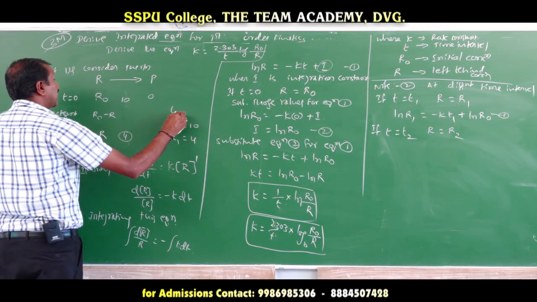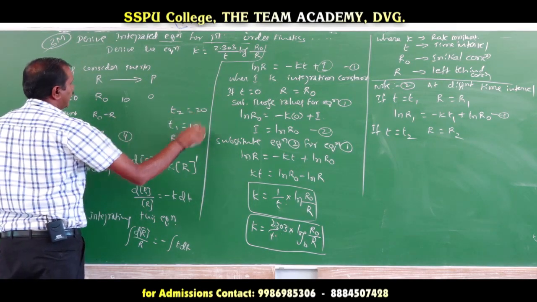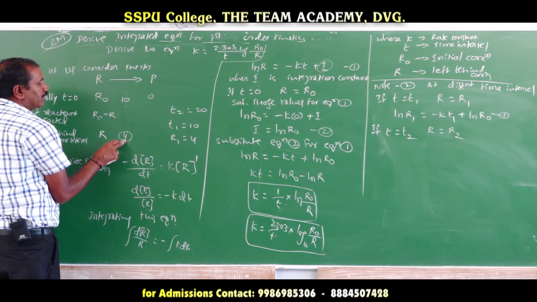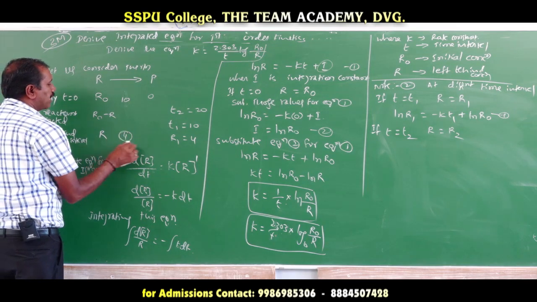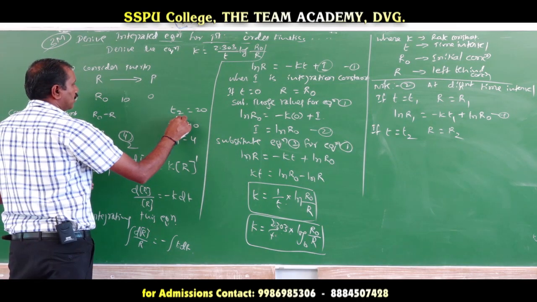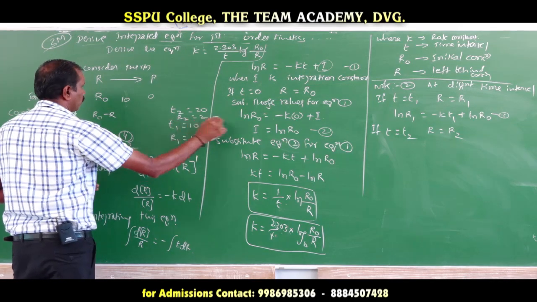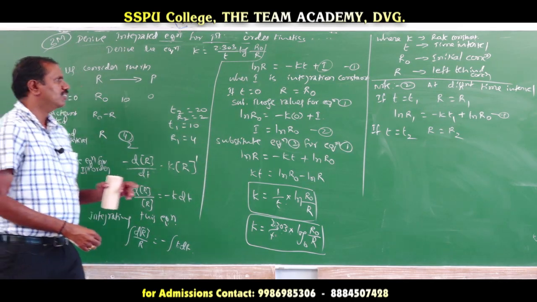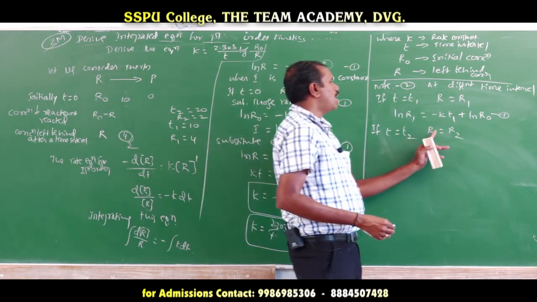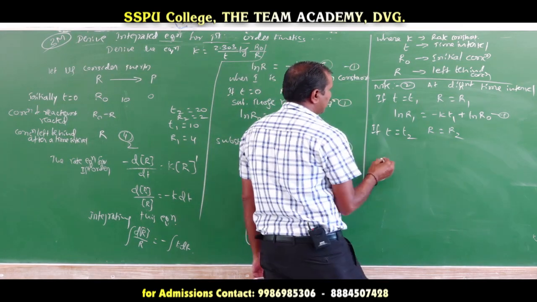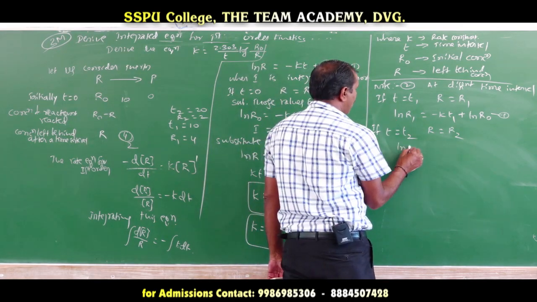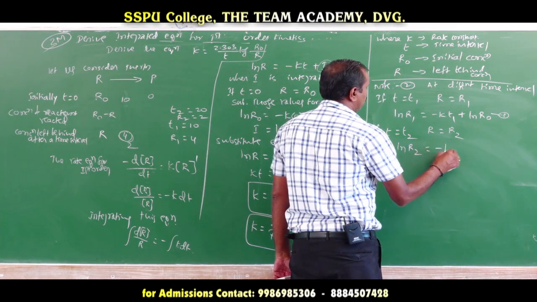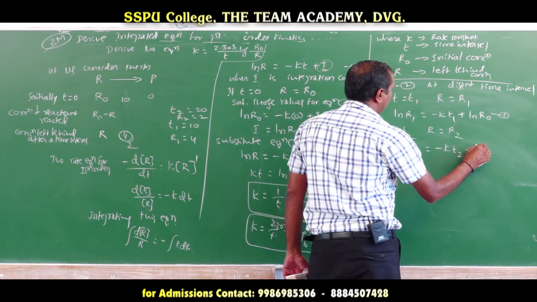After the 20th minute, T2 is 20, and the concentration may become 2, so R2 becomes 2. Then that equation we may write as ln R2 equals minus K into T2 plus ln R naught.